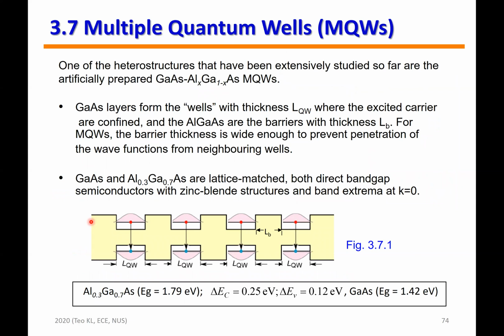Next, let's talk about the multiple quantum well. Usually, you have a single well, you have two wells, we call it double well. More than two wells, we have the so-called multiple quantum well.